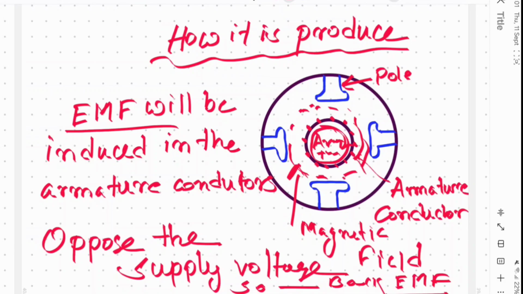Now we'll see the equation of back EMF. Back EMF is denoted by EB.